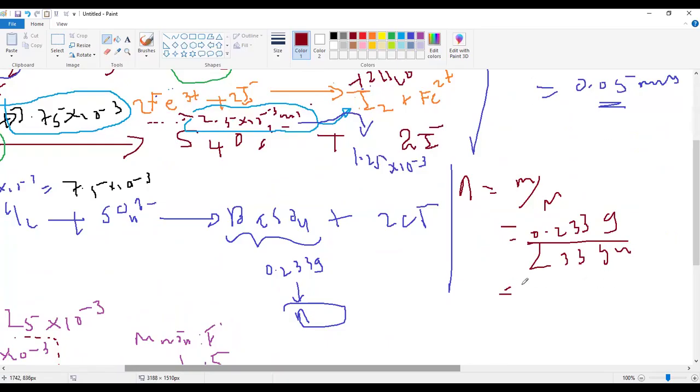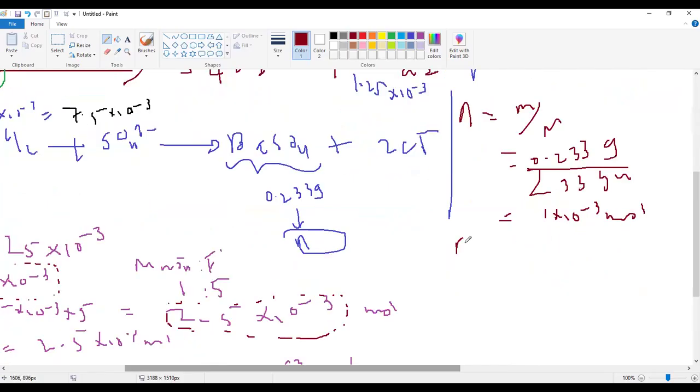Then it is 1 into 10 power minus 3 moles. Now you can see one barium sulfate has one sulfate. Therefore, moles of sulfate is also 1 into 10 power minus 3. You have to show that the barium sulfate to sulfate ratio is 1 is to 1. For that you have marks. Now you can find the sulfate concentration.